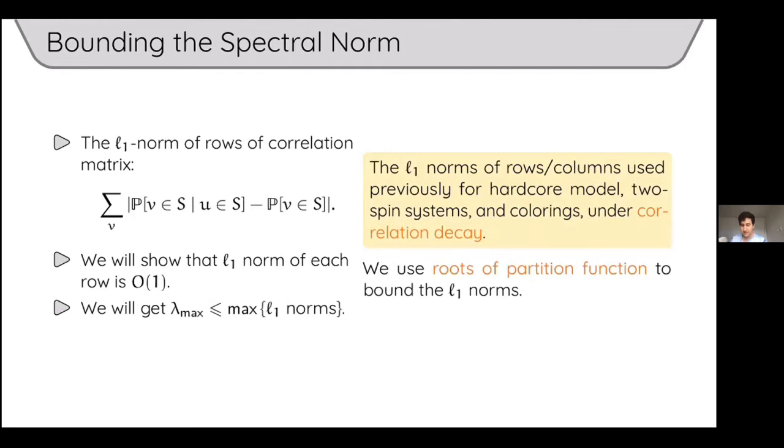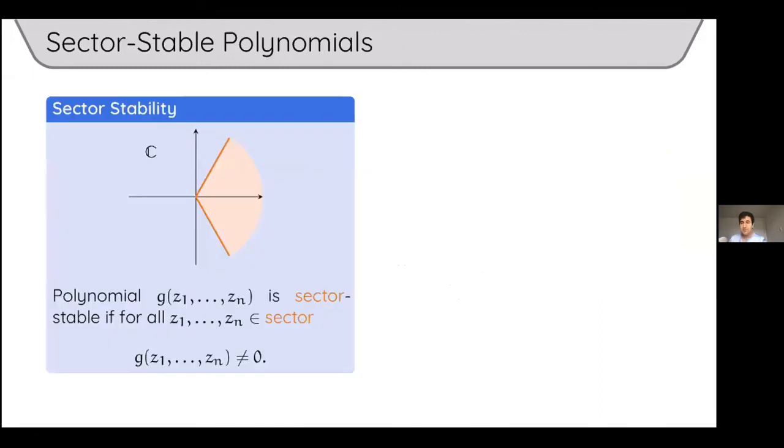So instead, the property that we rely on to prove this is the location of roots of that polynomial that I introduced in the previous slide. So formally, this is the property of that polynomial that we use. The property is called sector stability.